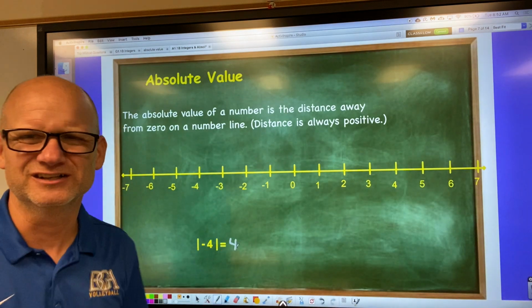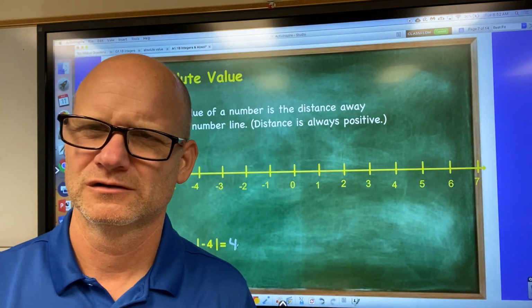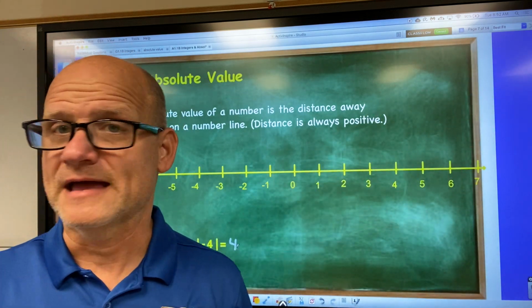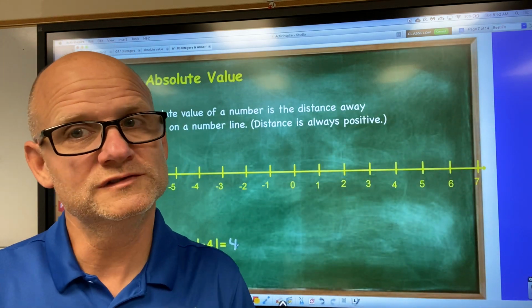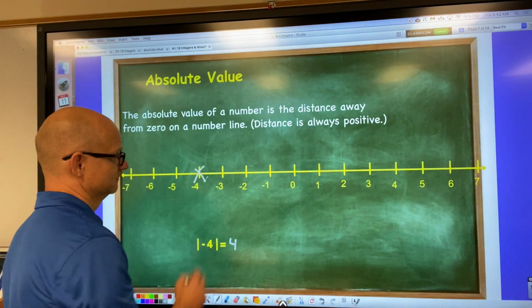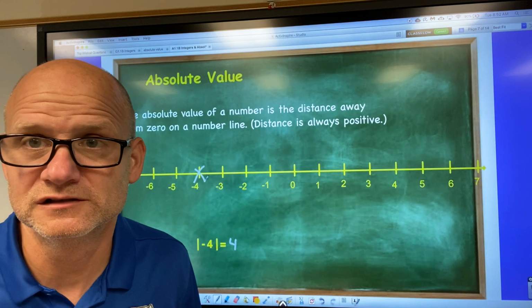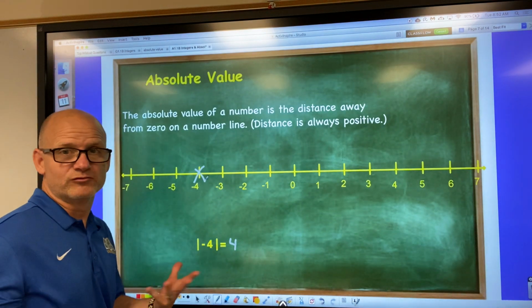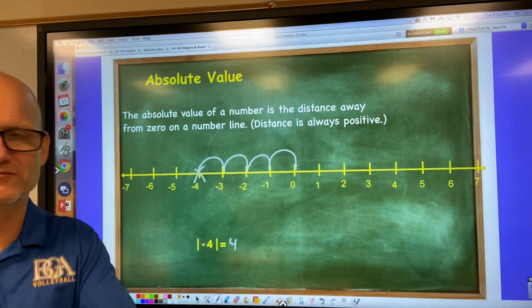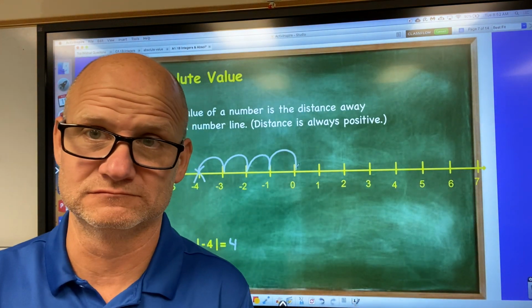Now some of you might be thinking, what? That doesn't make sense. So look at the definition. The absolute value means just the total distance away from 0. And -4 is here. So what's the total distance from -4 to 0? Well, it's 1, 2, 3, 4. So the absolute value just means the total distance.